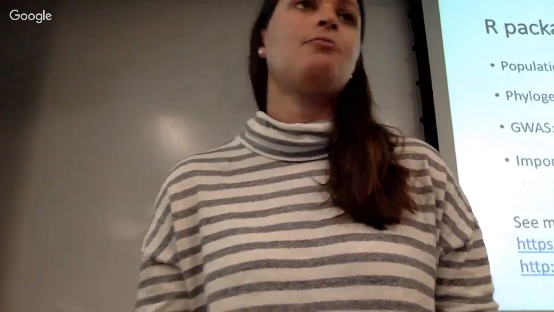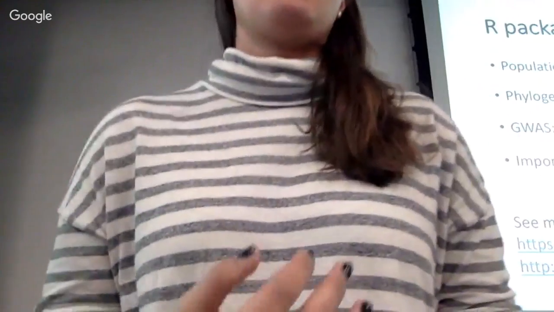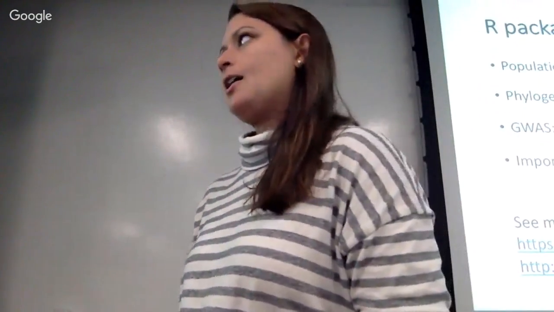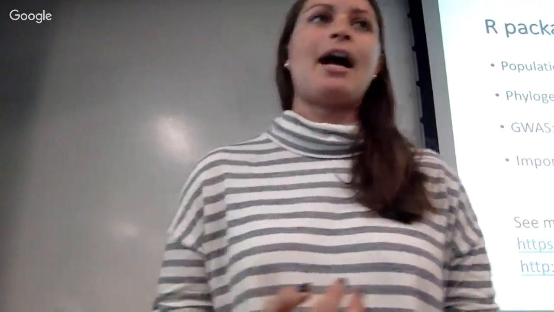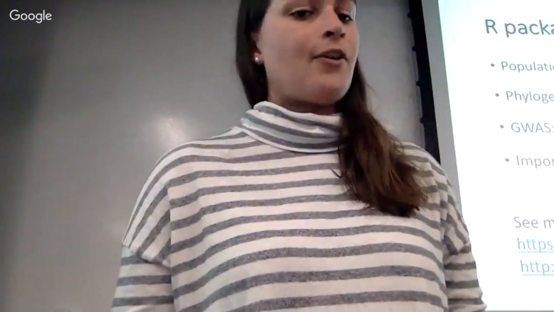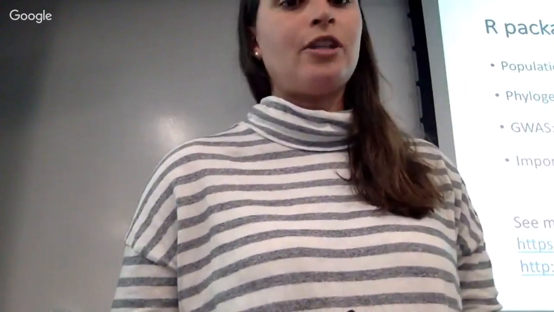I'm most familiar with the packages used in phylogenetics, particularly for looking at HIV sequences. But here I've tried to list some of the common packages I've heard are good to use for either phylogenetics or population genetics. For genome-wide association studies, these packages facilitate the analysis of very large data sets.